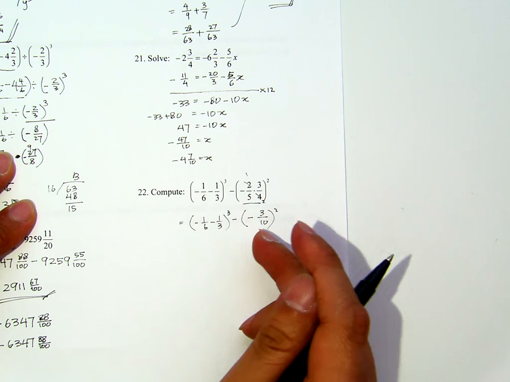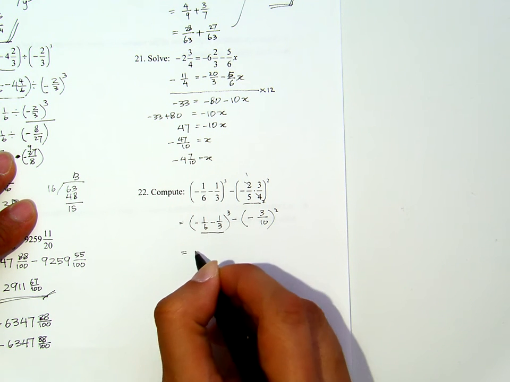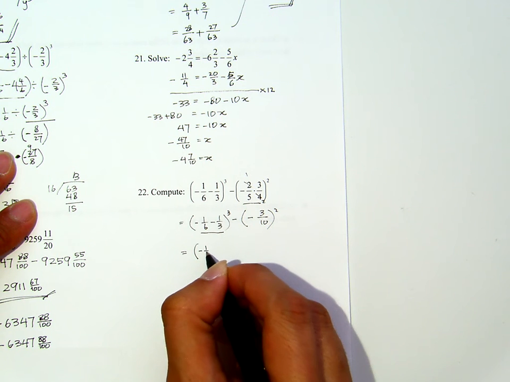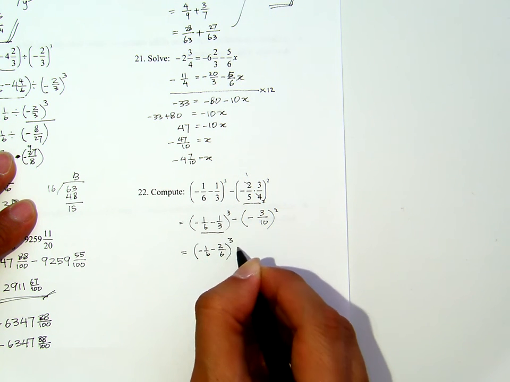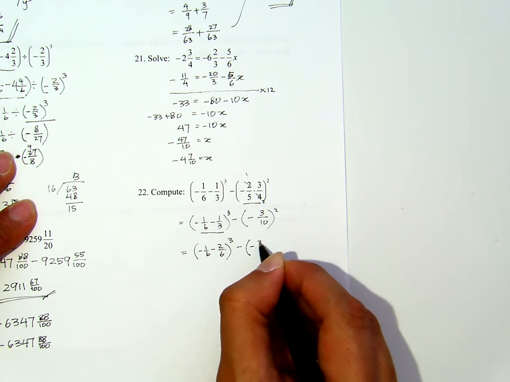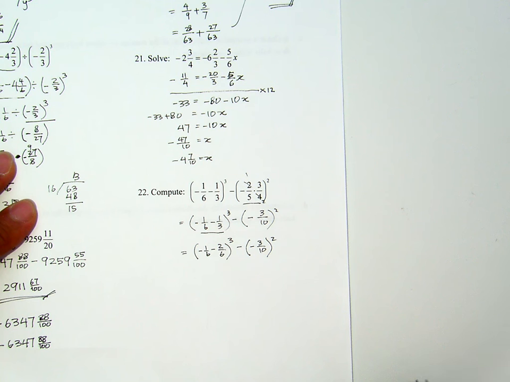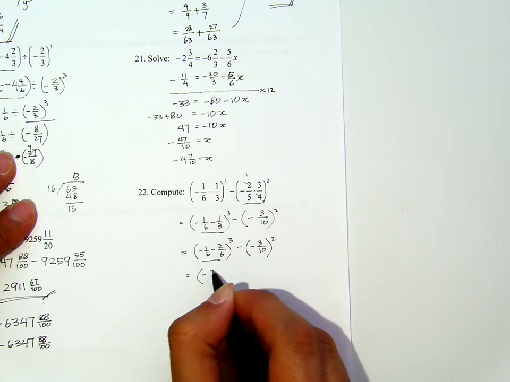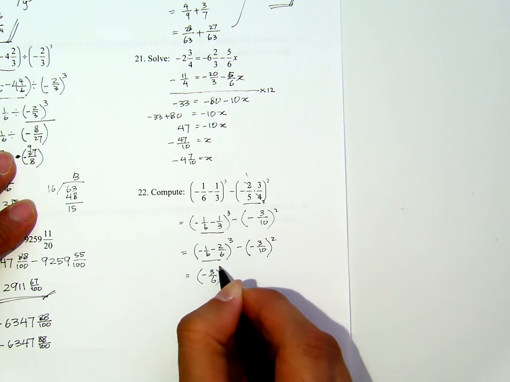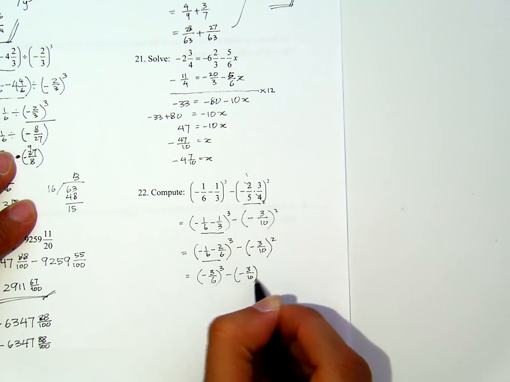And then after I'm done with that multiplication, now I will deal with the subtraction. This is negative 1 over 6 minus 2 over 6. You need the LCD to subtract this, right? Minus negative 3 over 10 squared. And then I will get negative 3 over 6 cubed minus negative 3 over 10 squared.